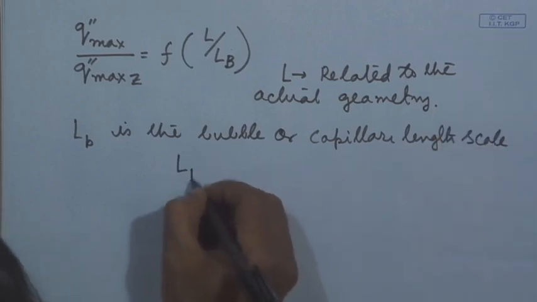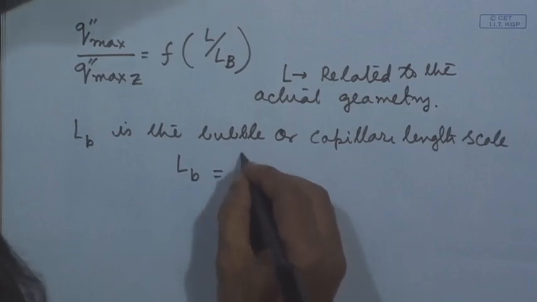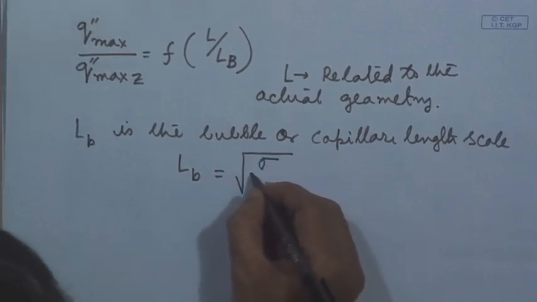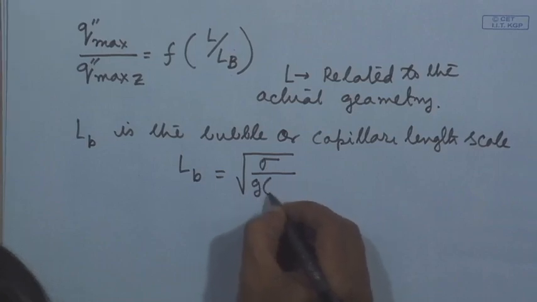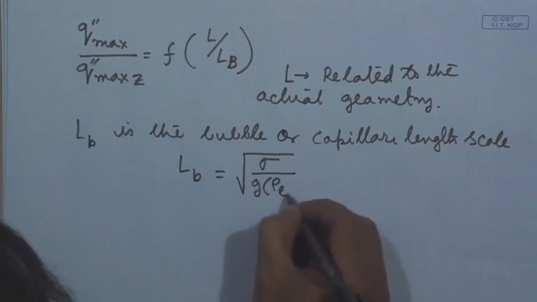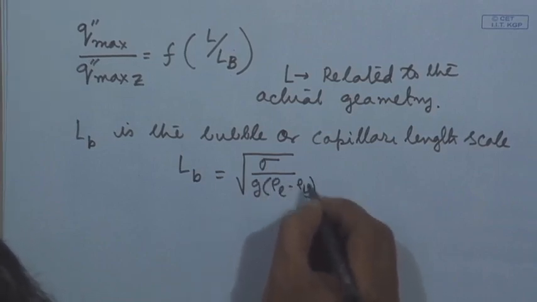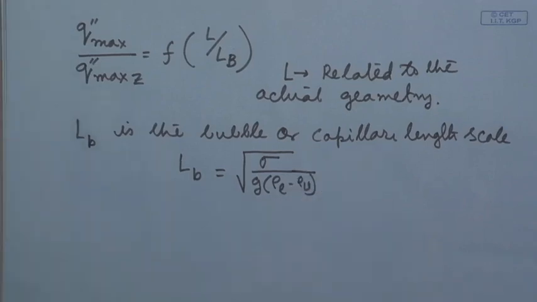So, LB is given by an expression we are familiar with, the square root of sigma divided by g multiplied by (rho L minus rho V). So, this is the capillary length scale, we are familiar with this.